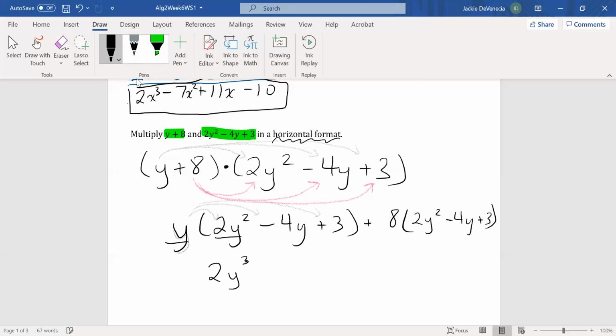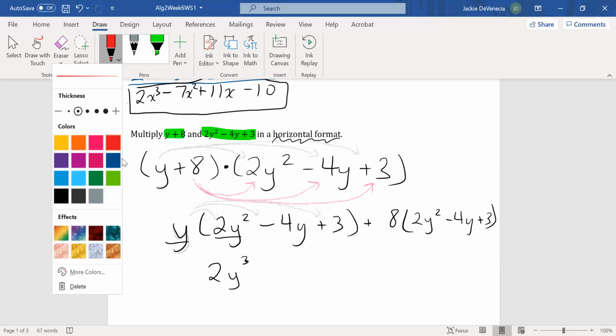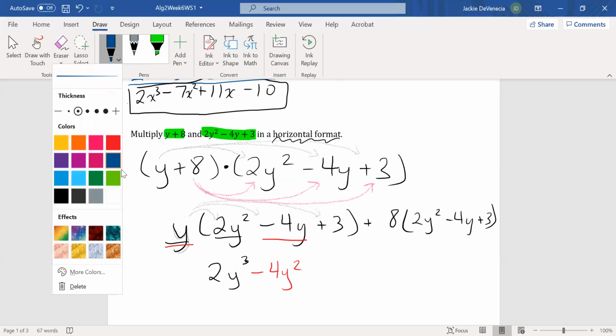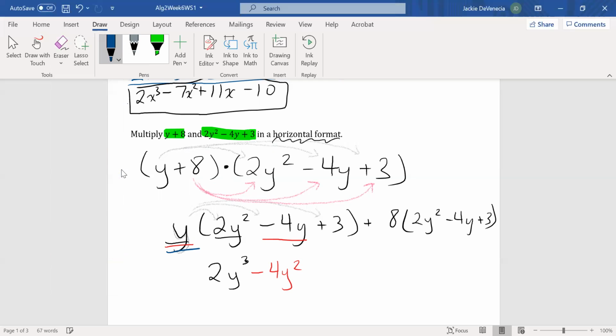Now I'm going to do y times negative 4y. So that's going to give me negative 4y squared. And now I'm going to do y times positive 3. That's going to give me positive 3y.